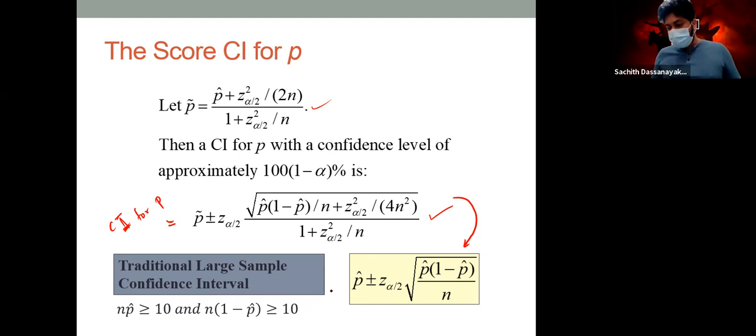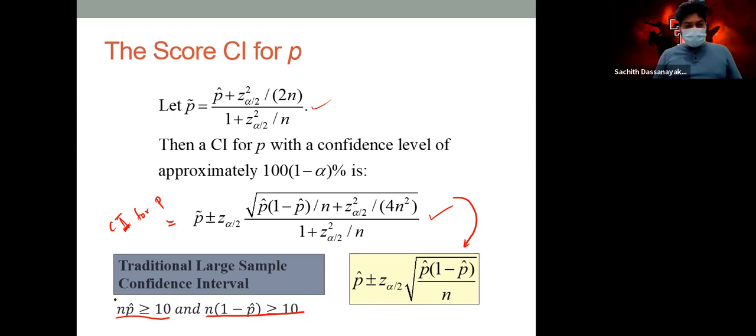Do you remember when we talked about the normal distribution? I told you two conditions, right? If a sample satisfies these two conditions, we can approximate it as normally distributed.